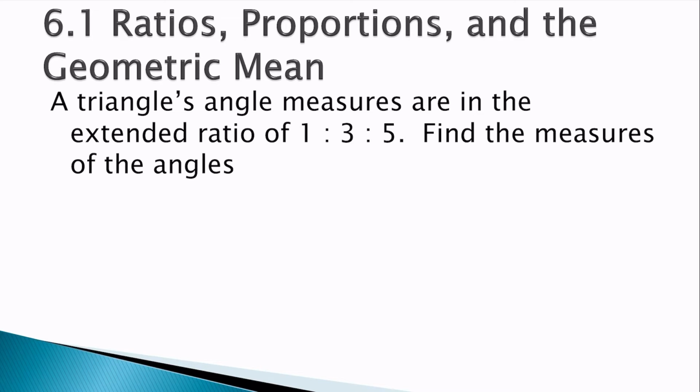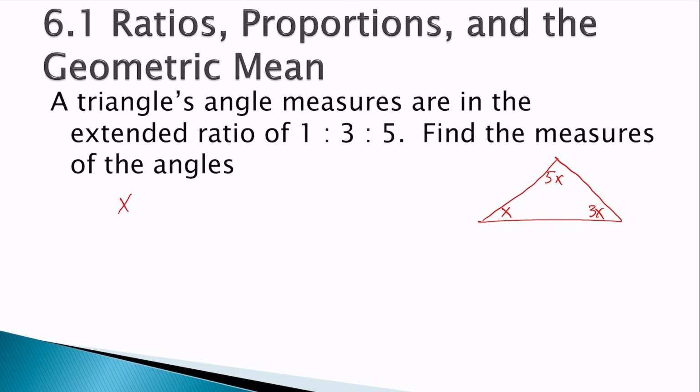A triangle's angles measured are in the extended ratio of 1, 3, 5. Find the measures of the angles. Well, if I have my triangle, I could call one angle 1x, another angle 3x, and the other angle 5x. So the ratio is 1, 3, 5.